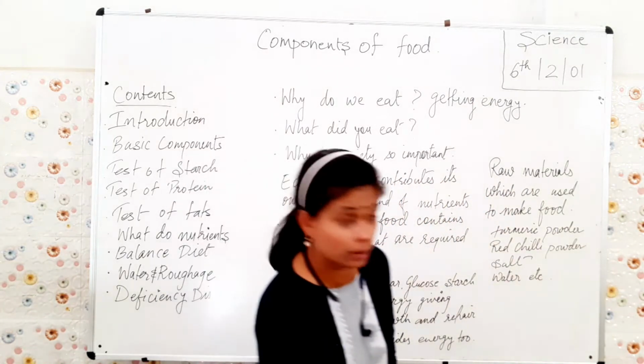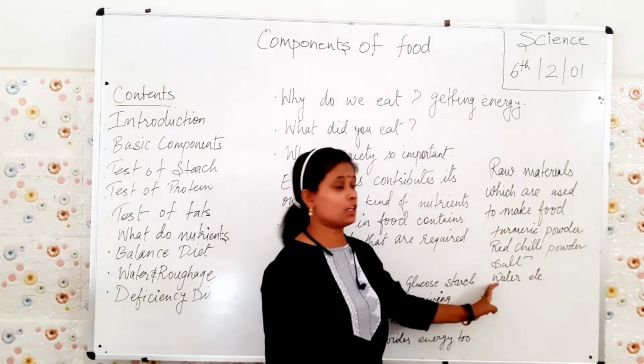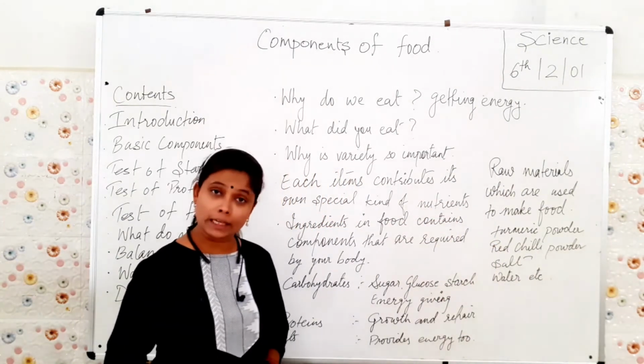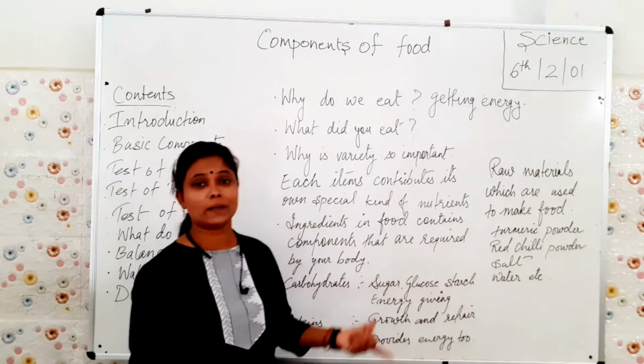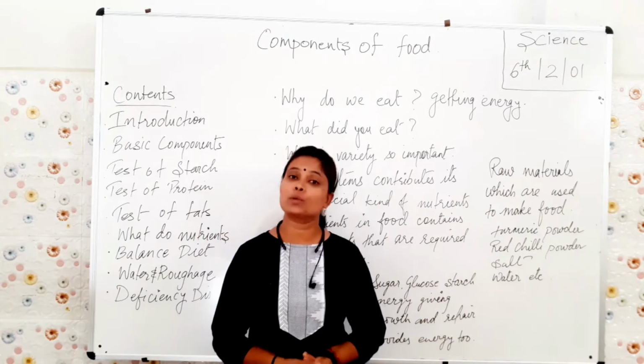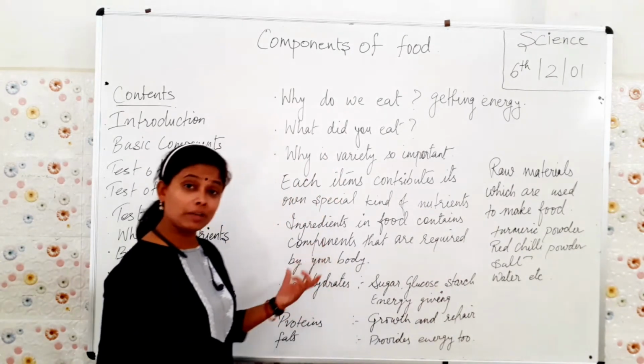Okay, so these are the raw materials which are used in cooking, and the definition of ingredients is also quite clear: the raw material which is used for making a food is known as ingredients.